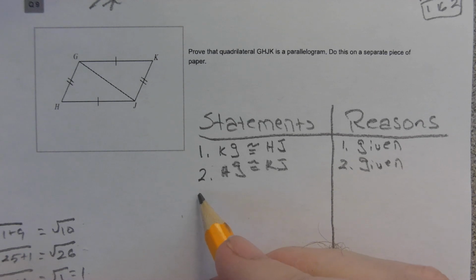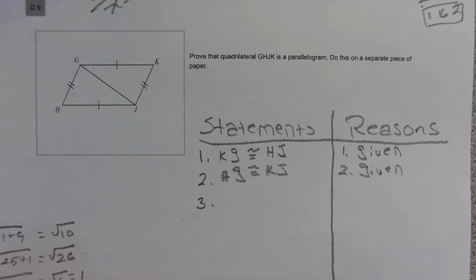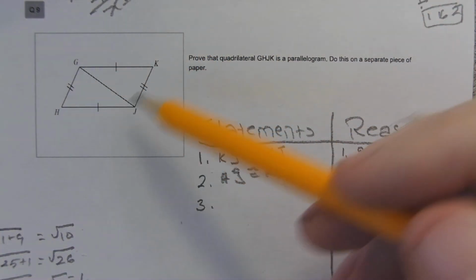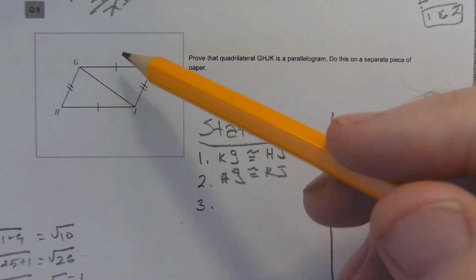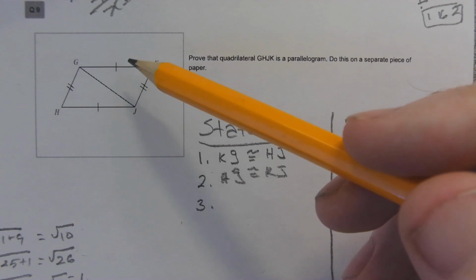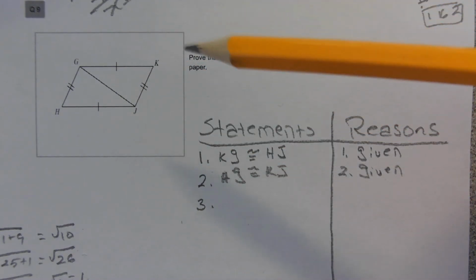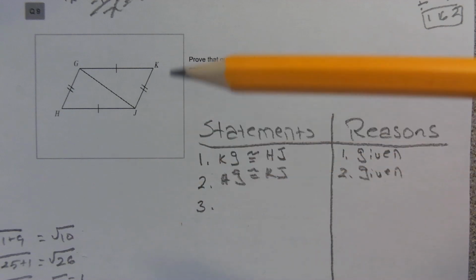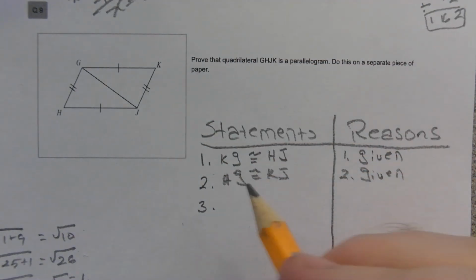Now, our ways to prove that something was a parallelogram were to show opposite sides are parallel, opposite angles are congruent, one pair of opposite sides are parallel and congruent, consecutive angles add up to 180 degrees, or opposite sides are congruent.